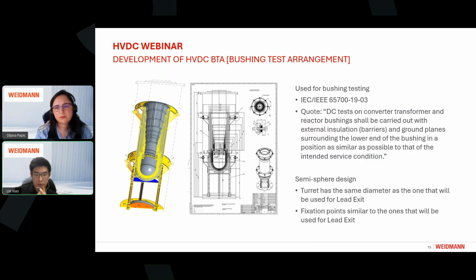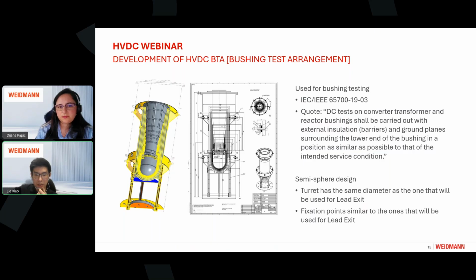Because here it quotes that the DC test on converter transformer and reactor bushing should be carried out with external insulation barriers and grounding planes surrounding the lower end of the bushing in a position as similar as possible to that of the intended service condition. So meaning that the design of the bushing test arrangement has certain requirements that should be fulfilled.